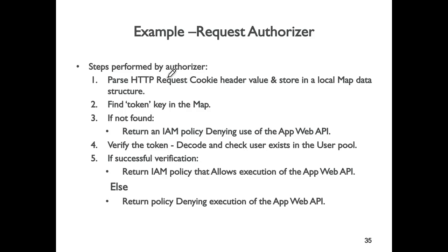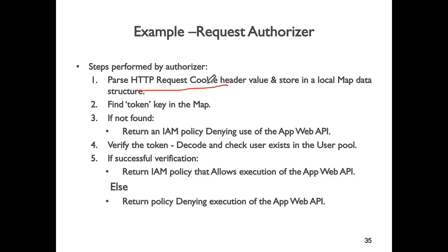It's going to be a long string, but when it's parsed, it's going to be a set of key-value pairs. In our case, the string is only going to have one key-value pair, where the key is token and the value will be our JWT token. But in general, it could be a number.